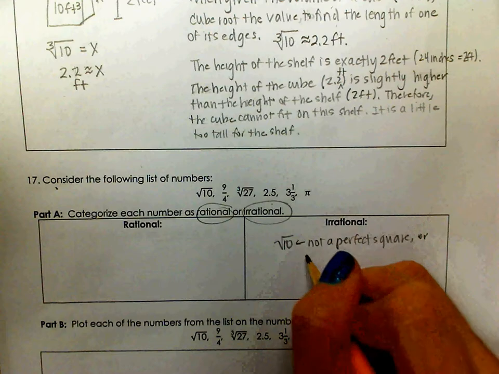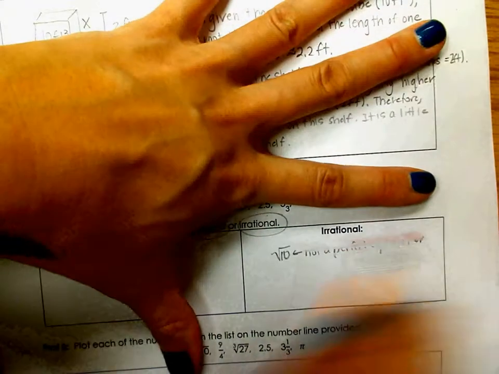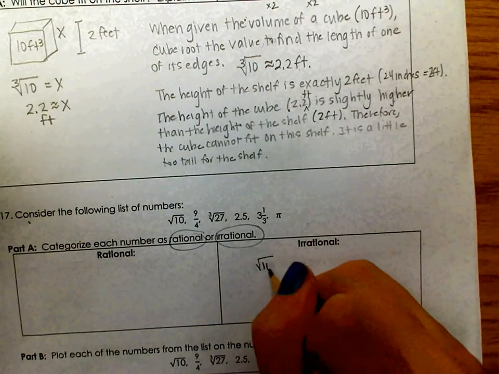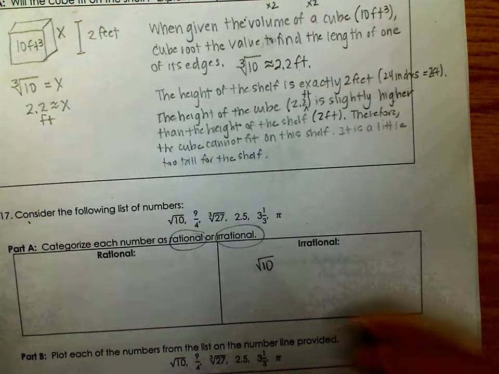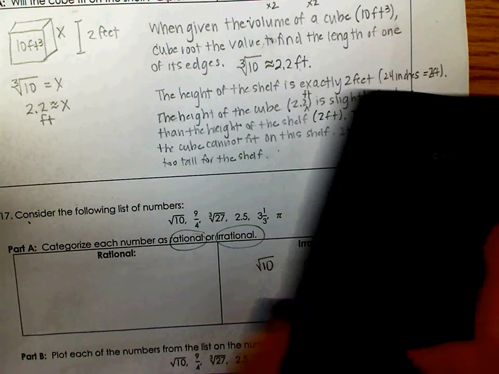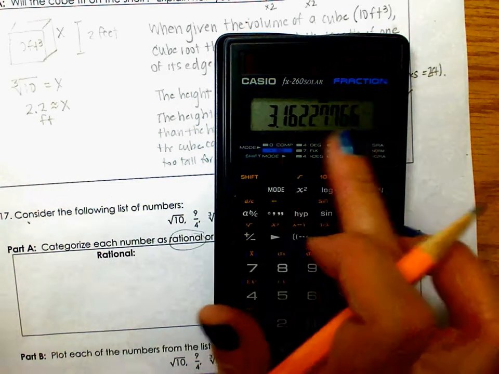The reason is that 10 is not a perfect square, because if it was, you could take the square root of it and it becomes an integer. So when we take the square root of 10, you can see it's an irrational number. It doesn't end, and there's no sign of repeating.